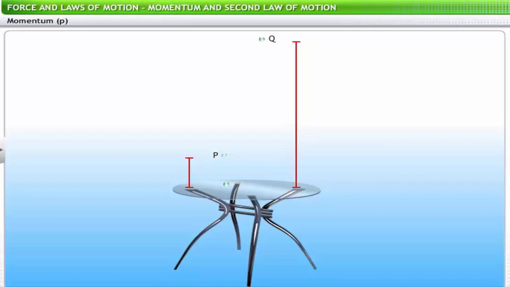Now we drop another marble, Q, from a greater height. Wow! Dropped from a greater height, even this small marble has shattered the glass pane. Why was the glass pane shattered by the marble Q and not by the marble P, even though the mass of both the marbles is the same?